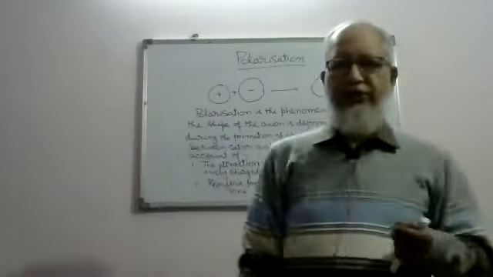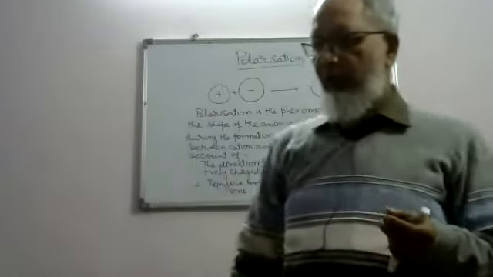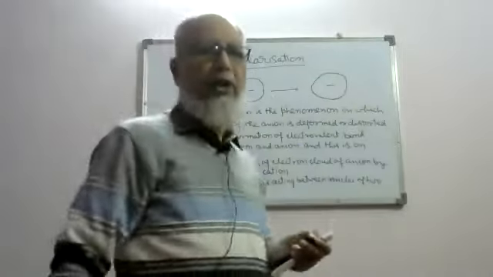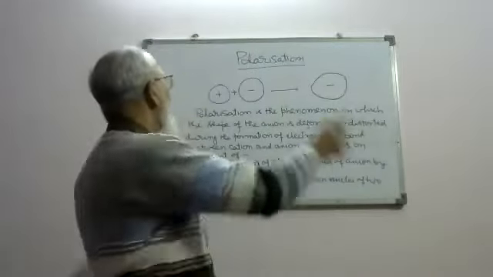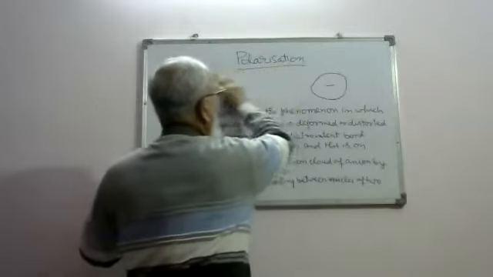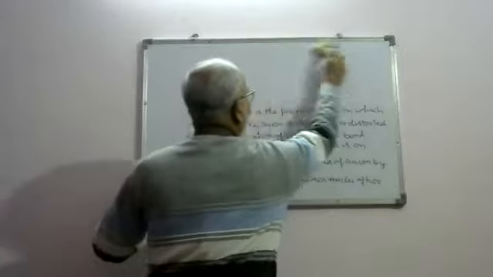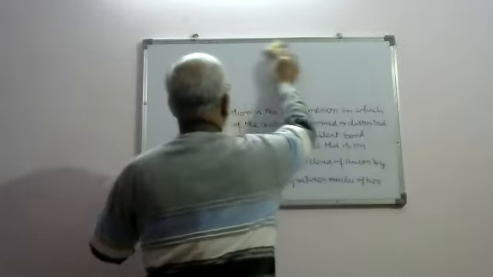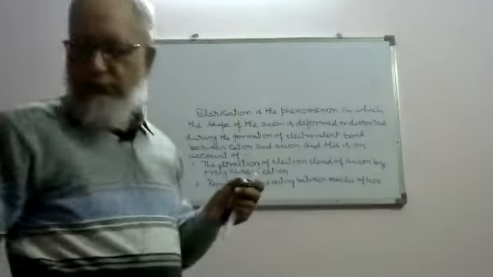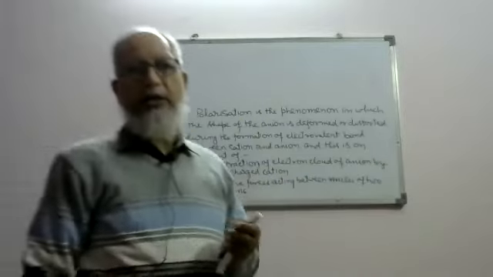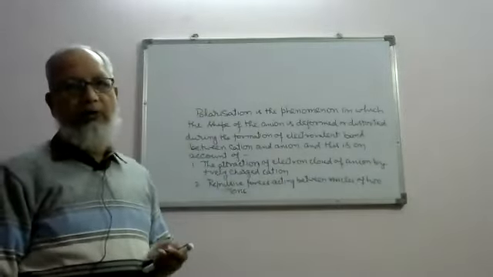So this is your polarization, and the tendency of the anion to get deformed is called polarizability, while the tendency of the cation to polarize the anion is called its polarizing power.